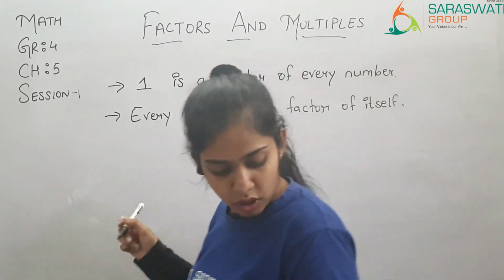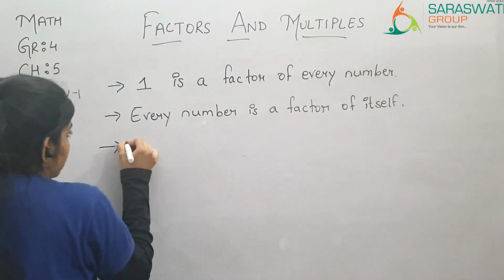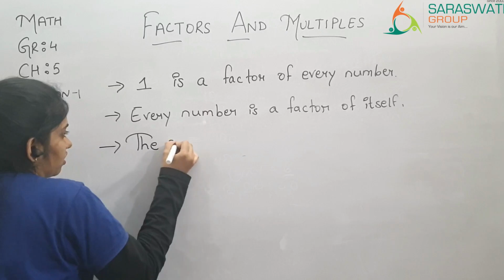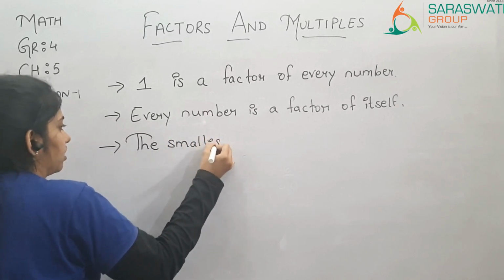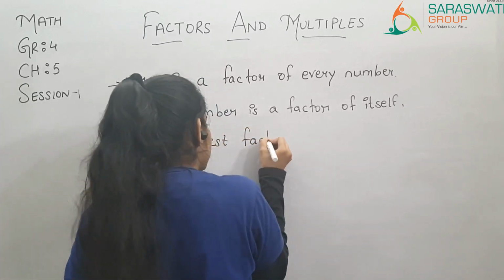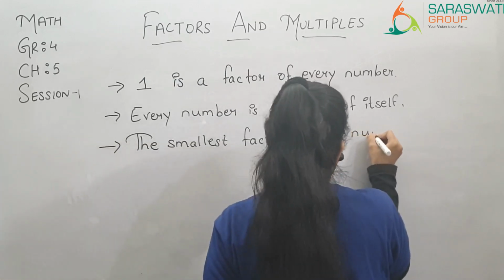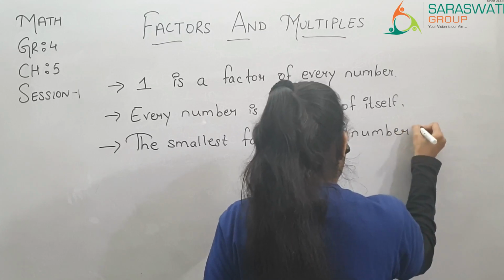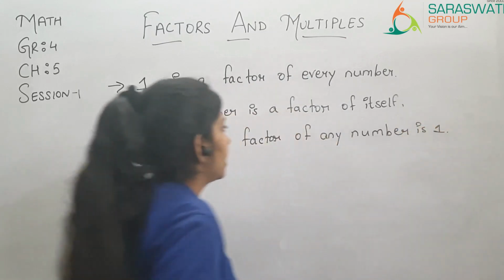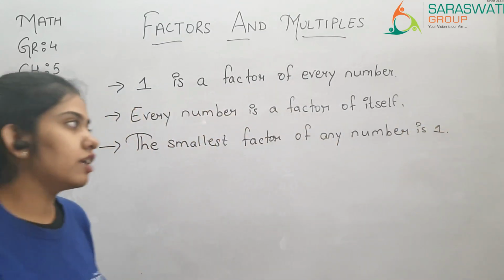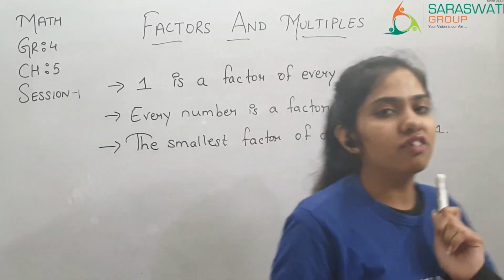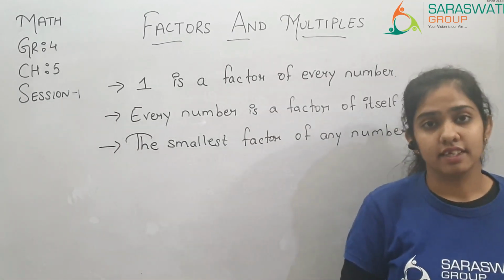Then, the smallest factor of any number is 1. એટલે સૌથી નાનામાં નાનો ફેક્ટર કોઈ પણ નંબરનો હોય એ 1 જ હોય, always.